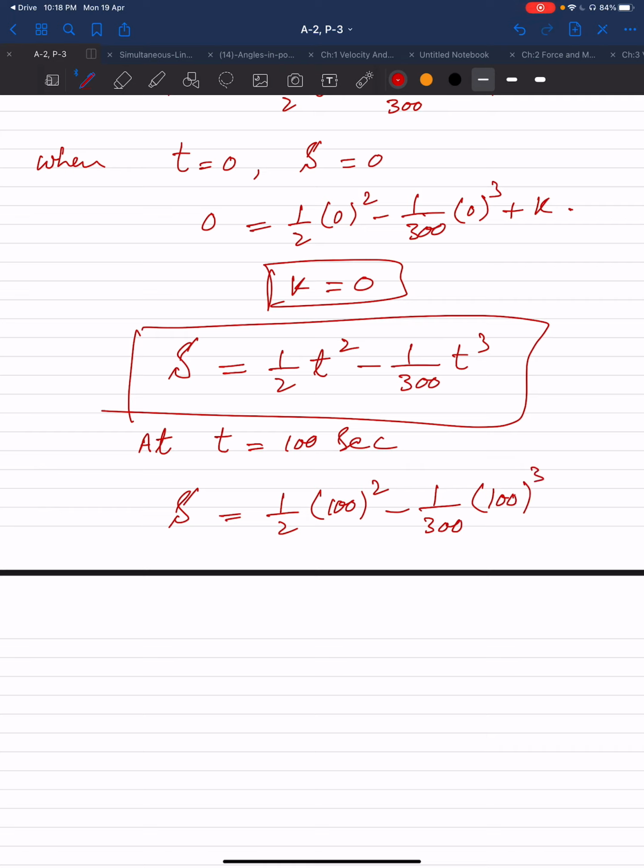So displacement will be equal to 1666.67 meters.